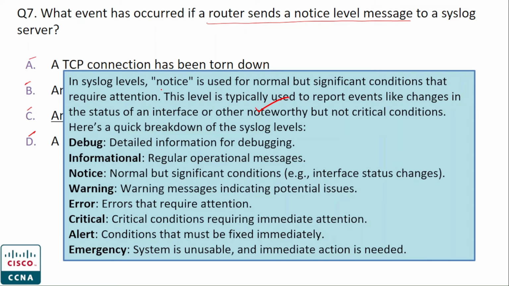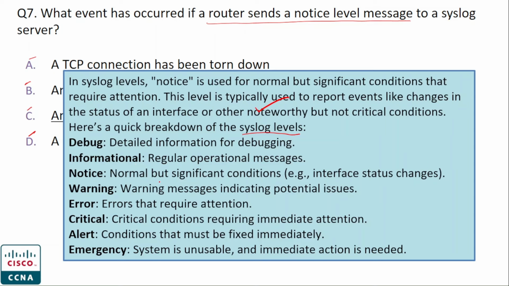So in syslog levels, notice is used for normal but significant conditions that require attention. This level is typically used to report events like changes in the status of an interface or other noteworthy but not critical conditions. Here is a quick breakdown of all syslog levels. Debug, detailed information for debugging. Informational, regular operational messages.